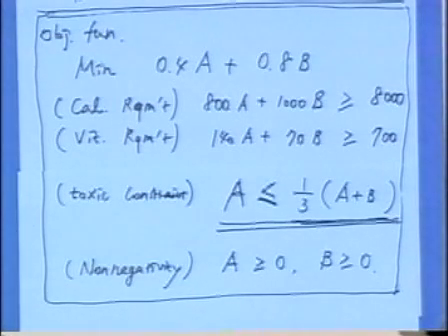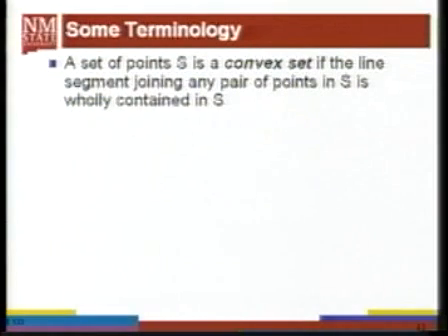Okay, now we will talk about some basic concepts associated with a linear programming problem. Okay? Like it says, a set of points S is a convex set if the line segment joining any pair of points in S is wholly contained in S. Okay?